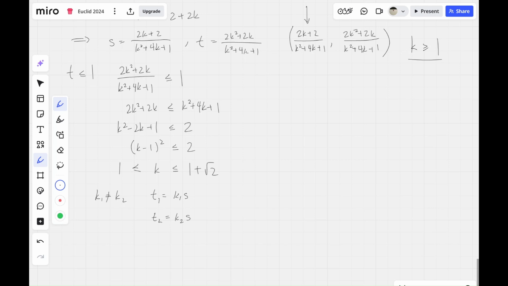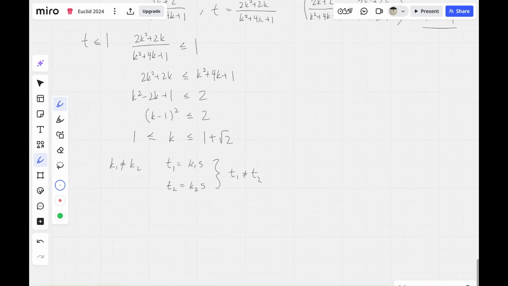But then since k1 and k2 are distinct, this forces t1 and t2 to be distinct. Therefore, if the value of s is the same, the value of t is not the same. And so we find that every value of k will give a different solution for s, t because the ratio of t over s is unique.